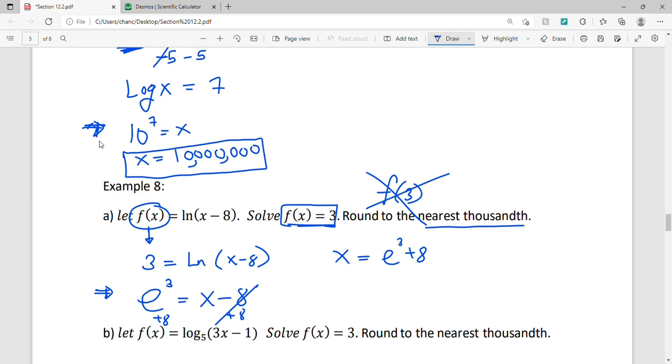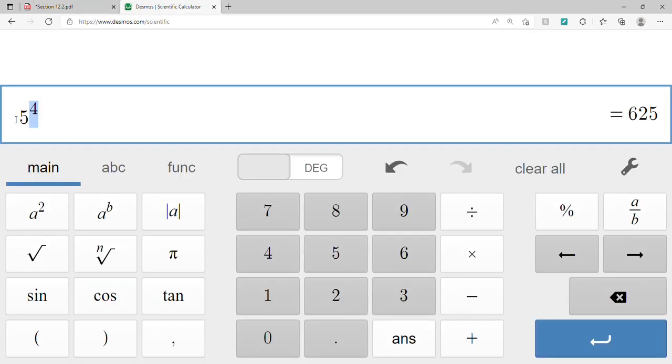This is a good solution, but we should round our answer to the nearest thousandth. Let's type this on Desmos. E raised to the 3rd power, and then we need to add 8 to it. So our solution is 28.086.